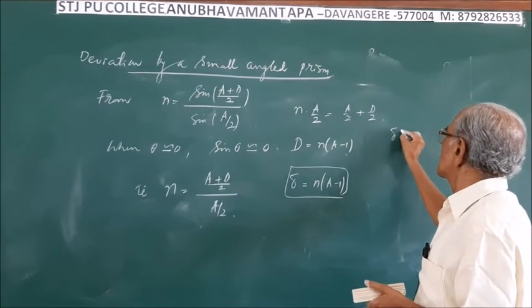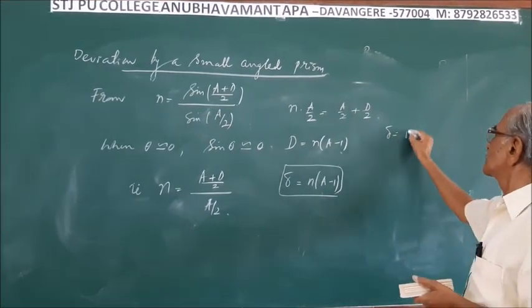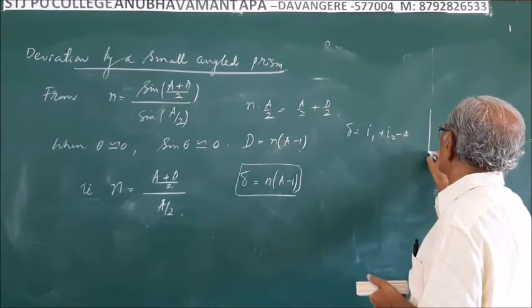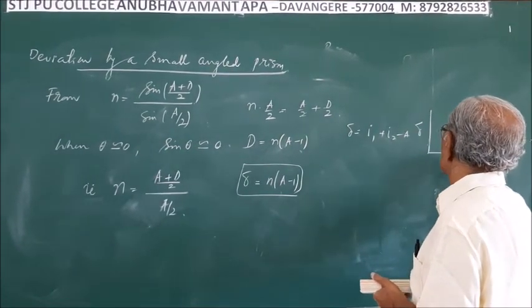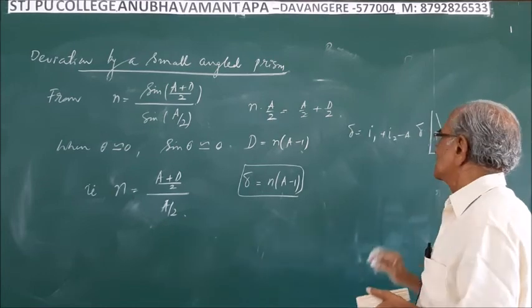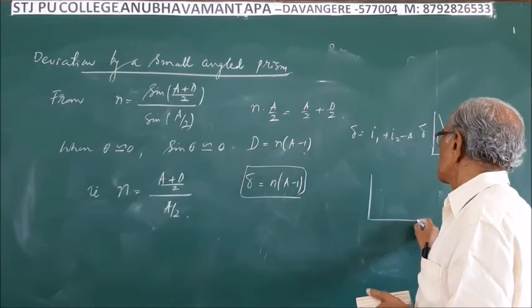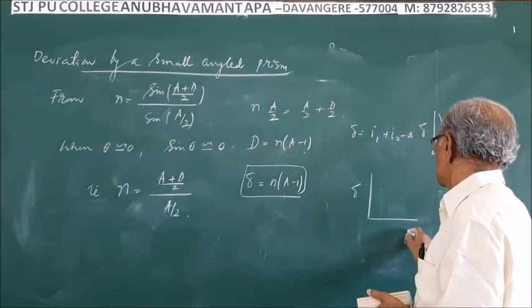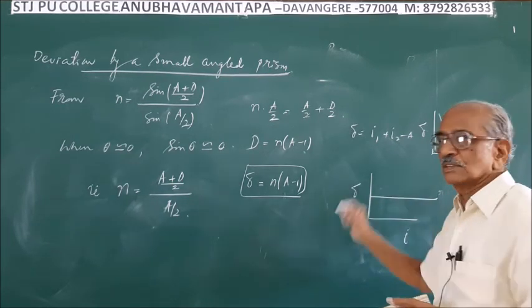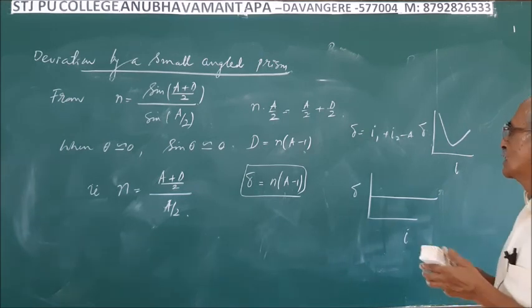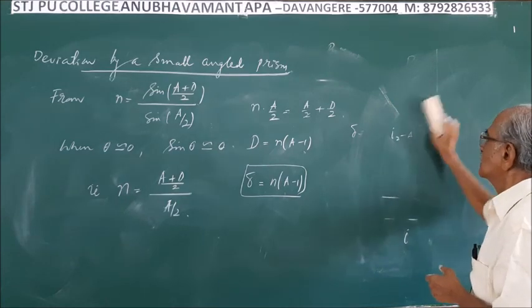The original derived equation, delta is I1 plus I2 minus A, gives a graph that looks like this and depends on I, but here it doesn't depend on I. So for a small angle prism, delta is the same for all angles of incidence. That is the interesting part. Okay, we'll conclude here, continue next time.